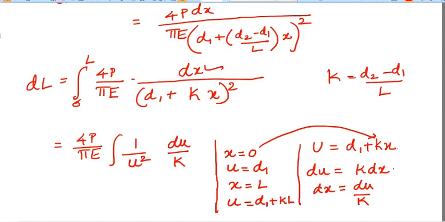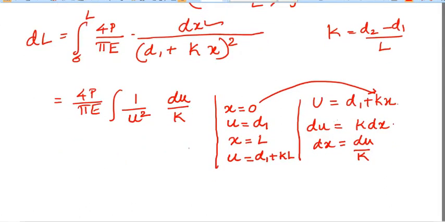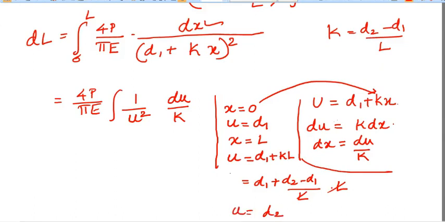K is (D2 minus D1) divided by L. So if you solve this, you will be getting D1 plus (D2 minus D1) divided by L into L, so I will be having D2. So if the limit changes from 0 to L for x, it will change from D1 to D2 for u.